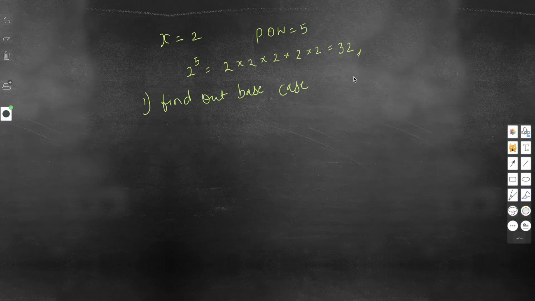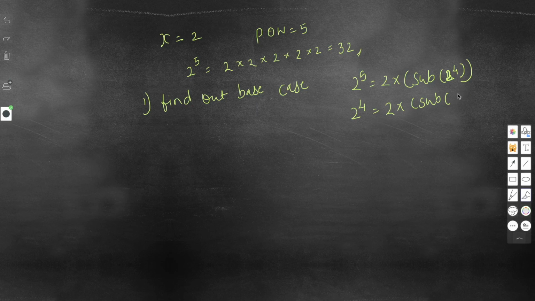If I want to calculate 2 to the power 5, what I need to do is multiply myself with the sub problem result, that is 2 to the power 4. If I have to calculate 2 to the power 4, I will multiply myself with the sub problem, that is 2 to the power 3.